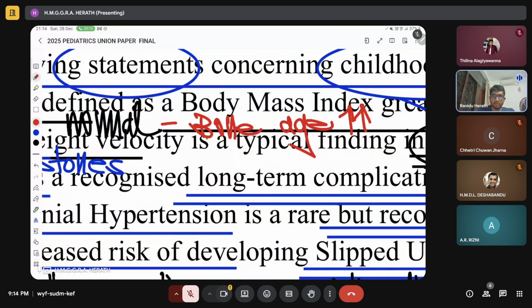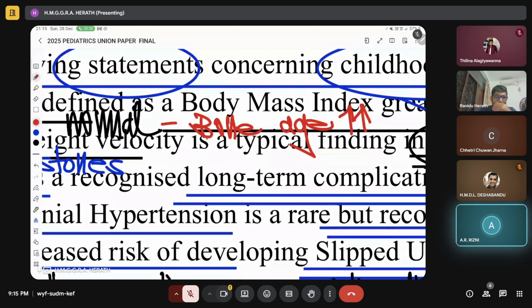Right. Are there any other medical or surgical complications mentioned? No, this is the only list we found. That is the only thing that is mentioned, is it? Yes. Any other complications mentioned in a child with obesity?